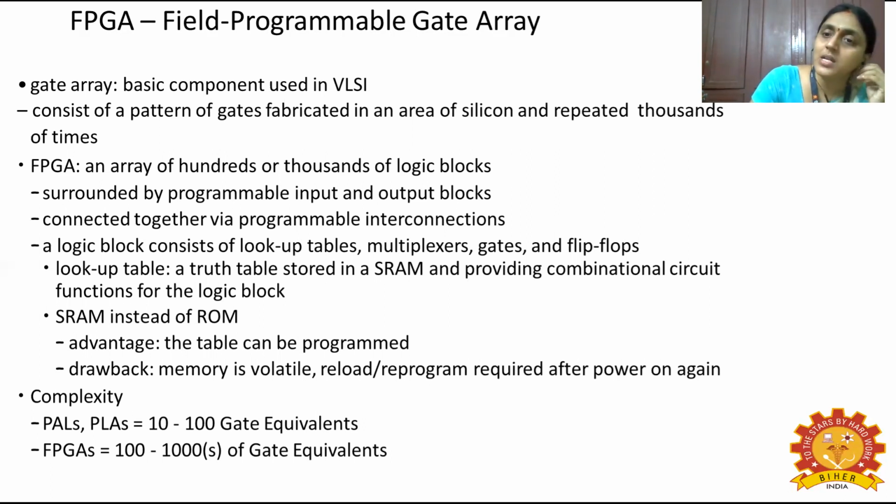The drawback is the memory is volatile, so reload or reprogramming is required after power on again. As for complexity, PALs and PLAs involve 10 to 100 gate equivalents and FPGAs involve 100 to thousands of gate equivalents.